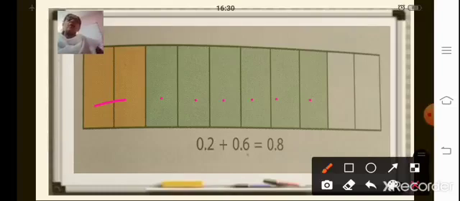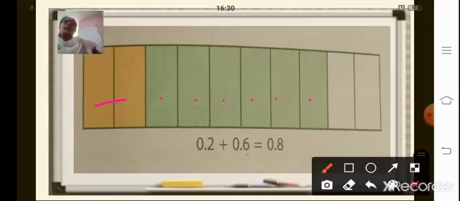So to find out the total parts colored, we write 0.2. Why 0.2? Because this one whole is divided into 10 equal parts, so out of the 10 equal parts, only 2 parts are colored. Okay, so it is 0.2 and 0.6. Now when we add 0.2 and 0.6, we'll get the answer as 0.8.